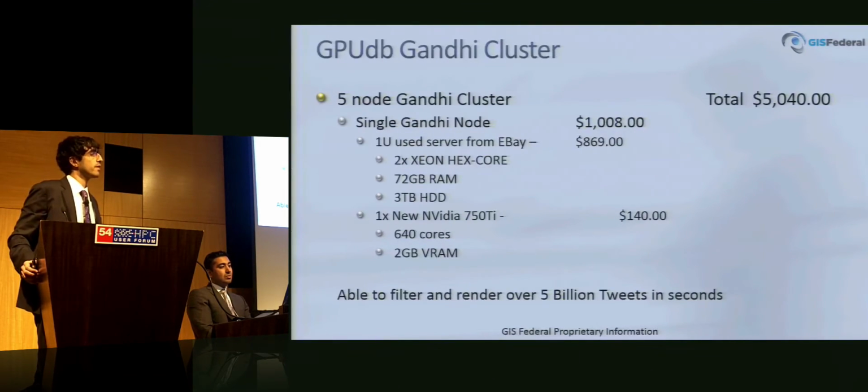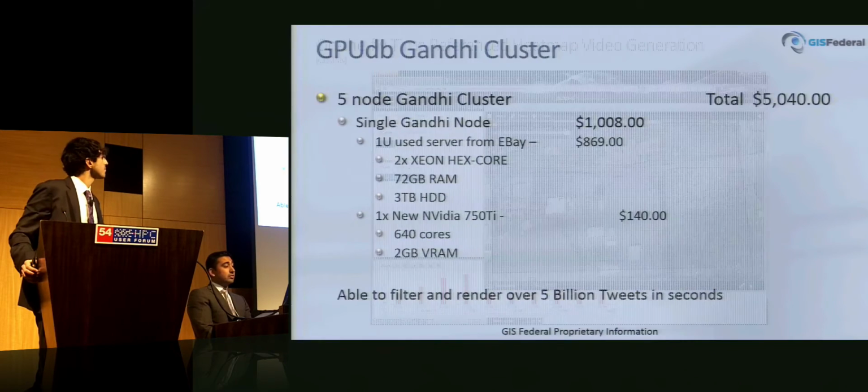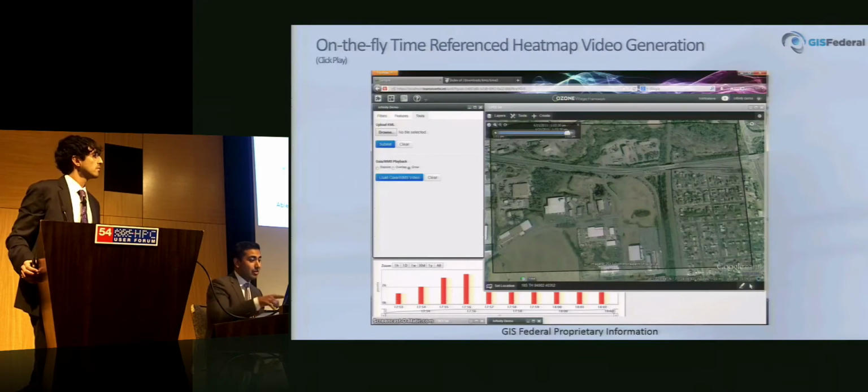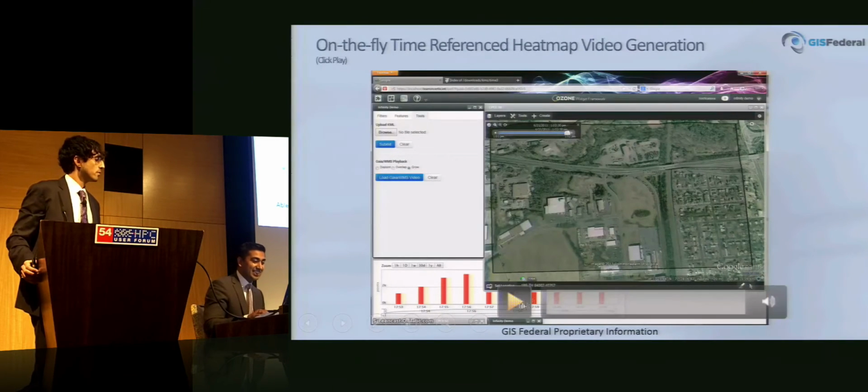The developer doesn't need to worry about partitioning their data or creating some sort of key sharding scheme. We take those problems away, the things that make NoSQL big-scale data analysis annoying. The demo we're going to show you is running off of this Gandhi cluster right here.